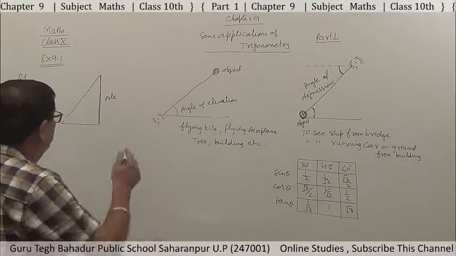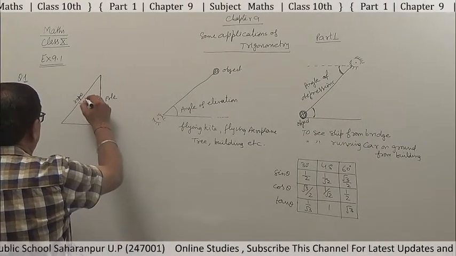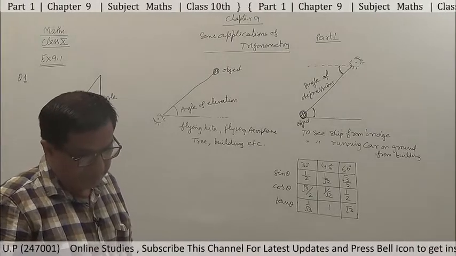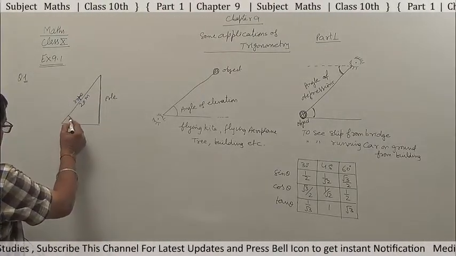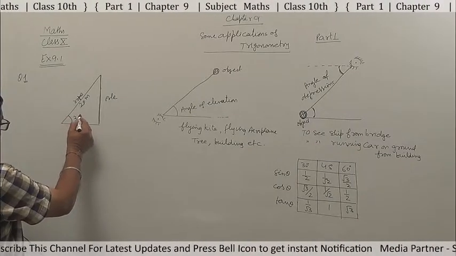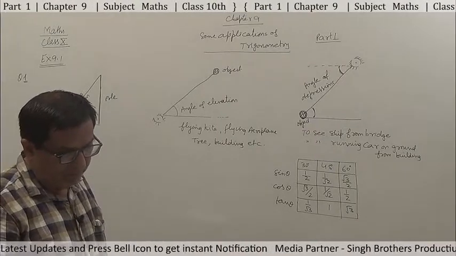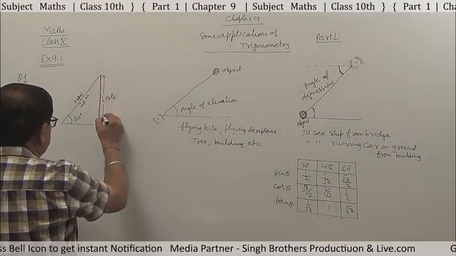This rope is 20 meter long. The rope makes an angle of 30 degree. Find the height of the pole.